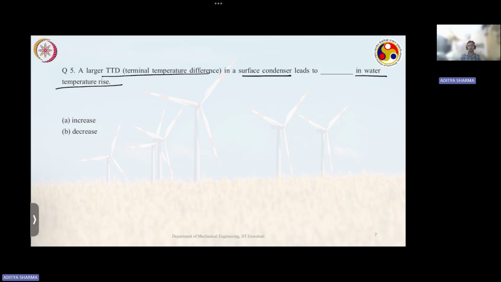If the terminal temperature difference is higher, what does it basically do to your water temperature rise? This is question number 5.